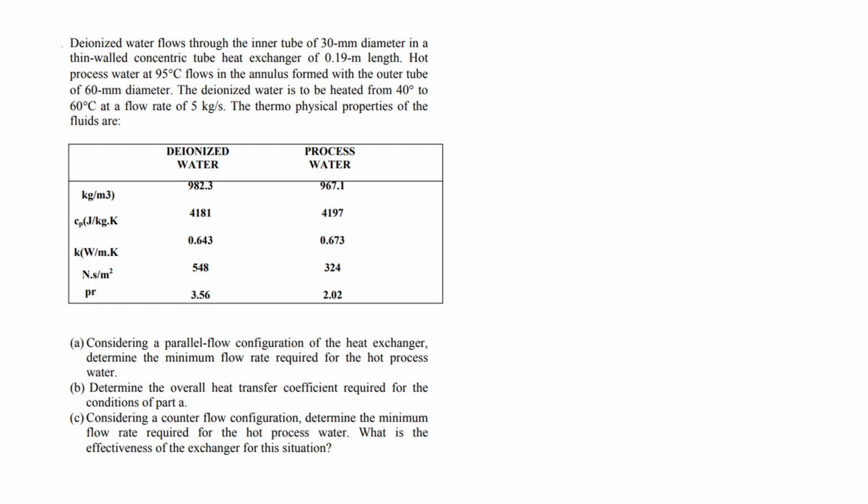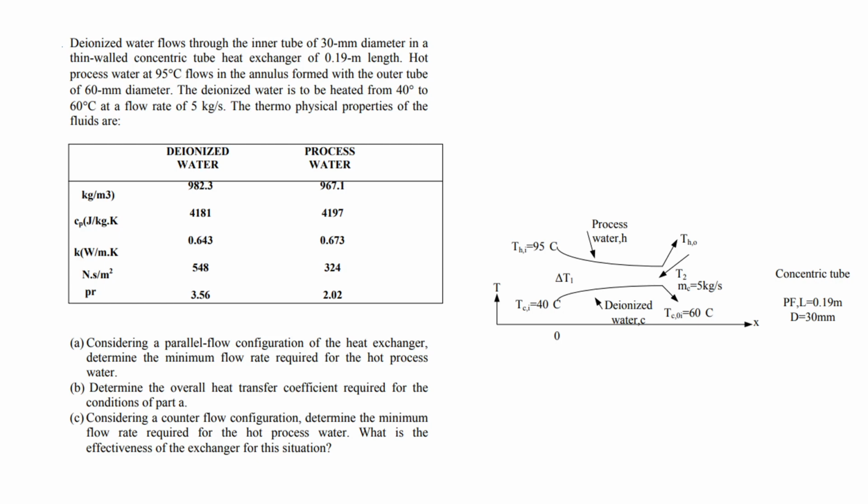For calculating that, first we will go through the diagram. In this diagram, we marked everything accordingly from the question. Process water we are considering as H, and deionized water as C. So T_h,i, the temperature, will be 95 degrees Celsius, and T_h,o is the outlet, and the temperature differences delta T1 are marked here.